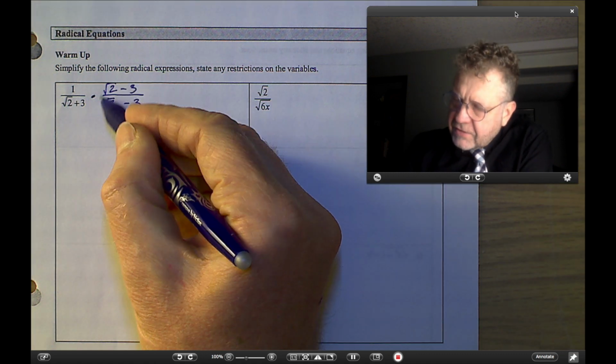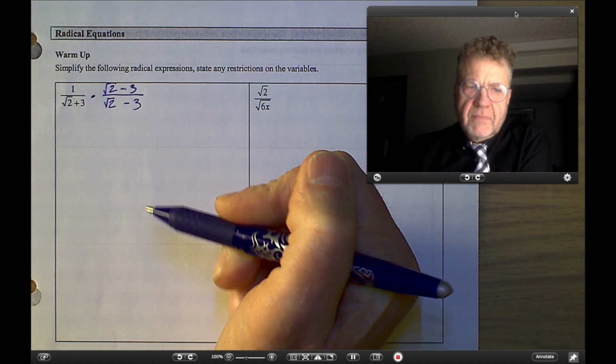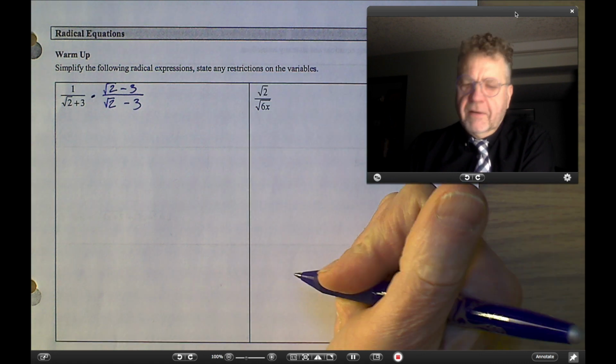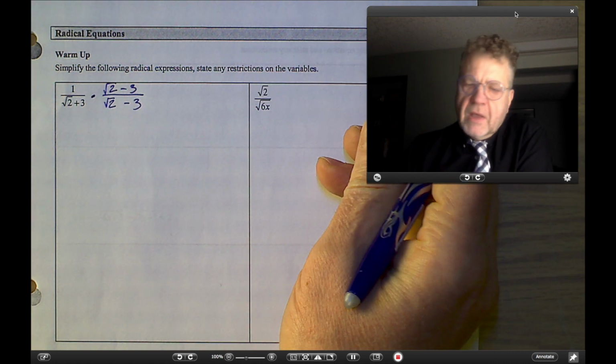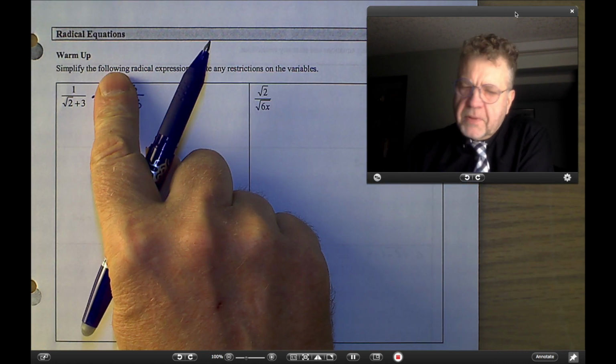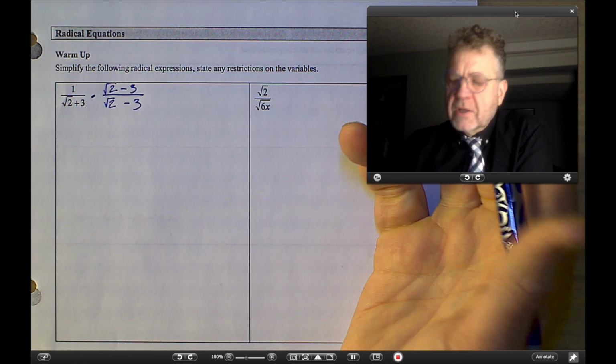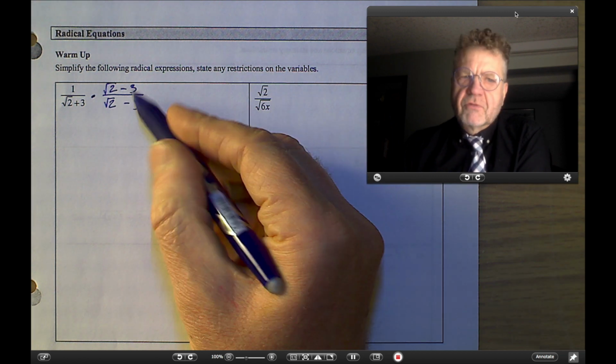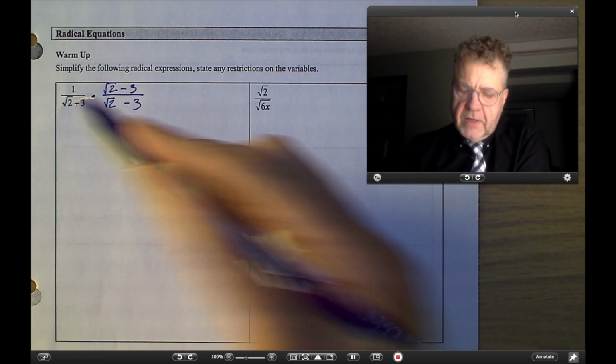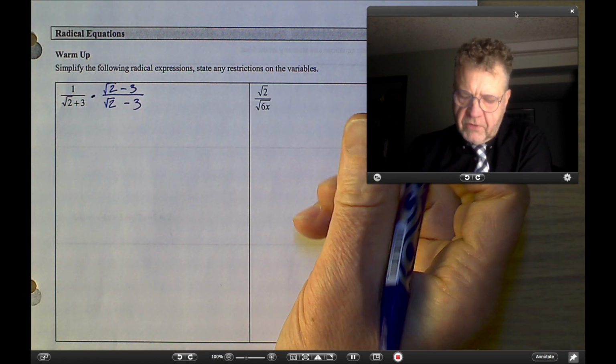Because anything divided by itself, which is what we have here, is 1. So really what we're doing is multiplying what we began with by a value of 1, just written this way. And it's written this way so that we can get rid of the square root of 2.